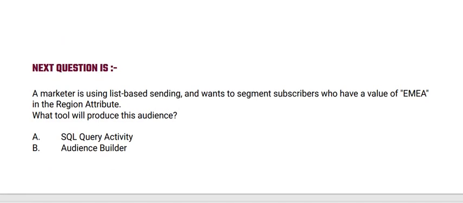Next question is: a marketer is using list based sending and wants to segment subscribers who have a value of EMEA in the region attribute. What tool will produce this audience?